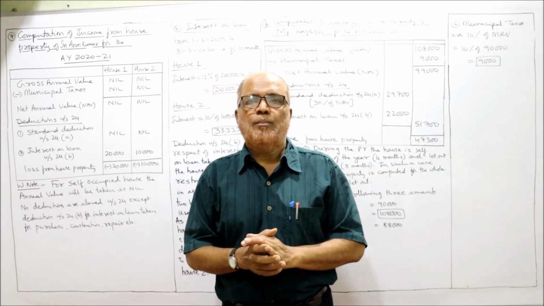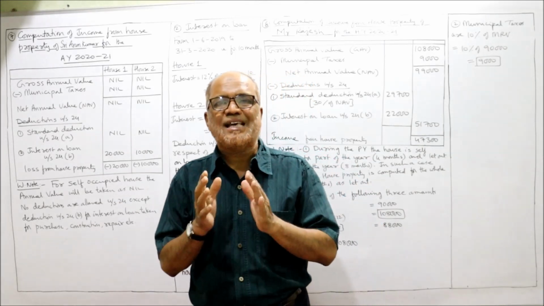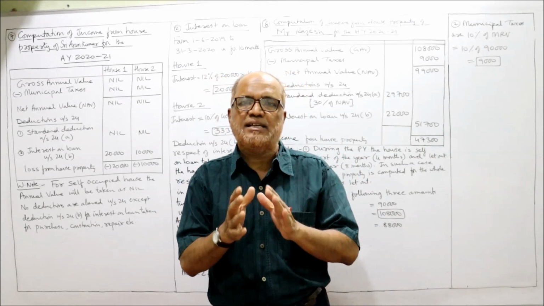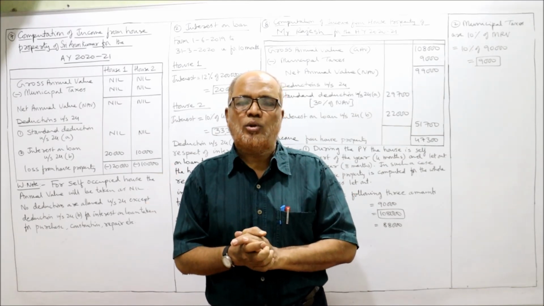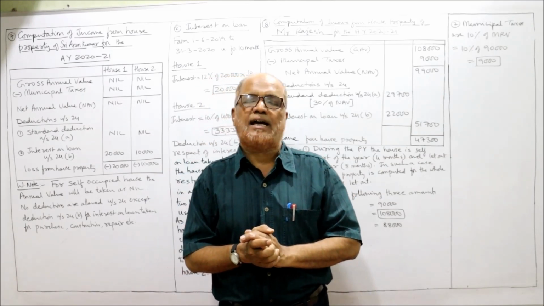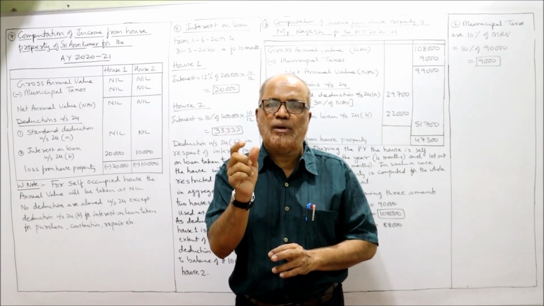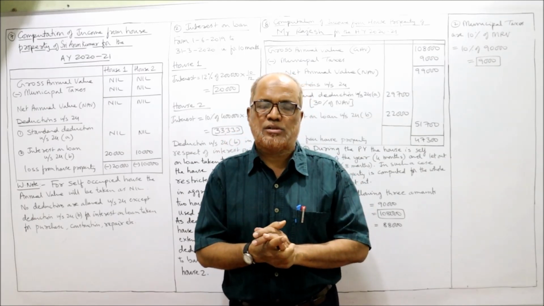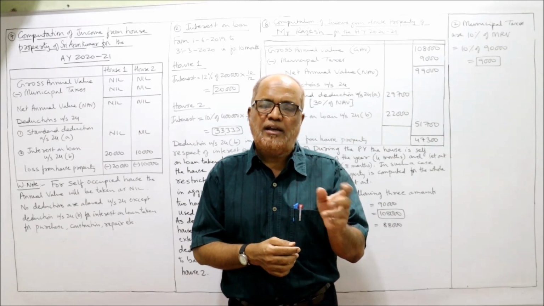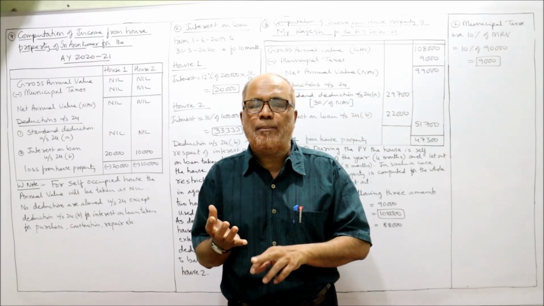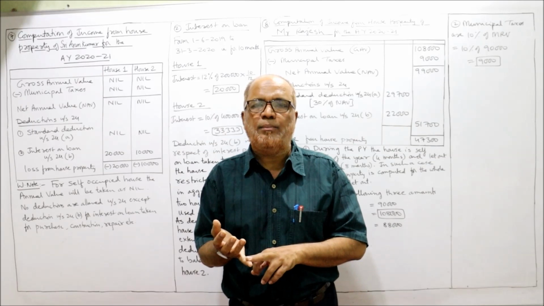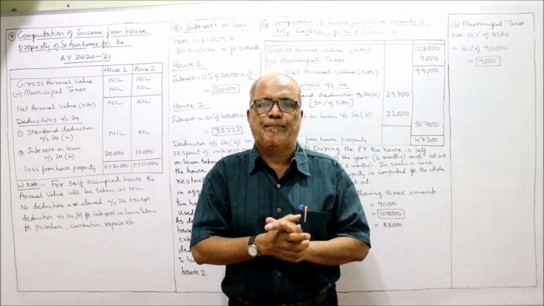Now, this is a new problem. In this problem, both the houses are used for self-occupation, self-residence, not let out. So according to the provisions of the Income Tax Act, the annual value of a self-occupied house will be nil for both the houses. We don't require MRV, we don't require FRV because NAV itself is nil.